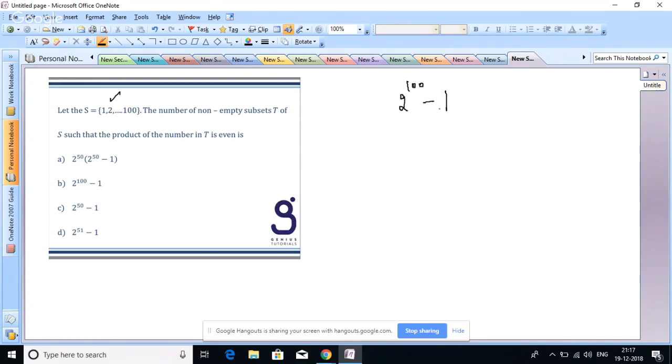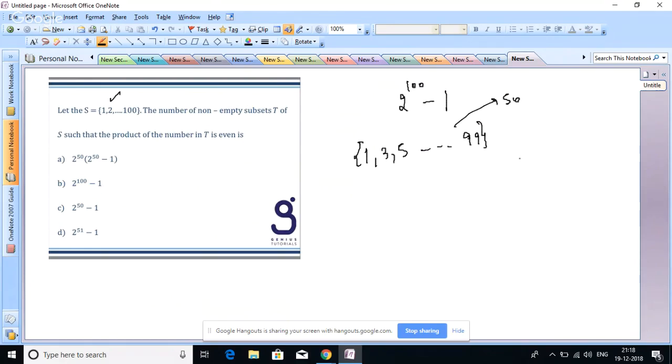Now we need to find the number of non-empty subsets T such that the product of numbers is even. The product will be even if it contains a single or more than one even element, that means at least one even element should be there. So you just make a set of all odd numbers 1, 3, 5 and so on up to 99, and how many elements will be there? 50 elements will be there.